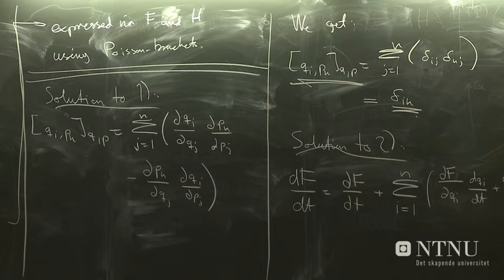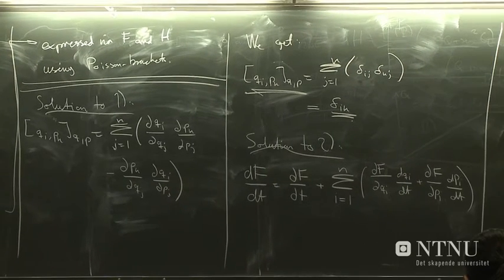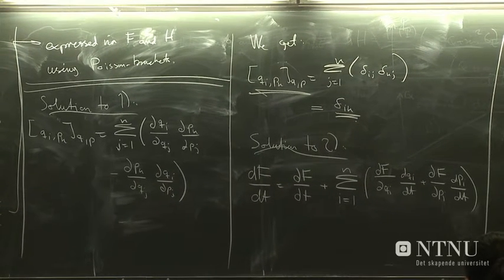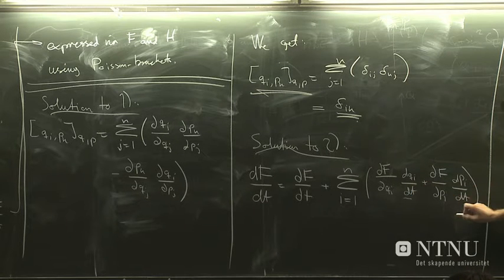Yes. Okay. And then? You use Hamilton's equations to transform the time derivatives of the coordinates into derivatives of the Hamiltonian function. All right, so you want to replace these terms by using Hamilton's equations. And how do you know that we can use Hamilton's equations? Because we assume the system is a Hamiltonian system.